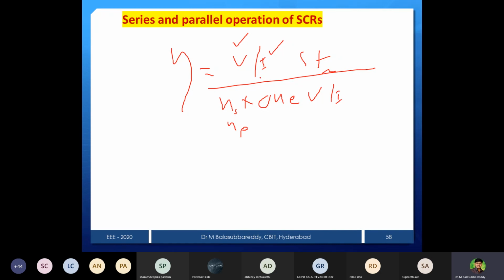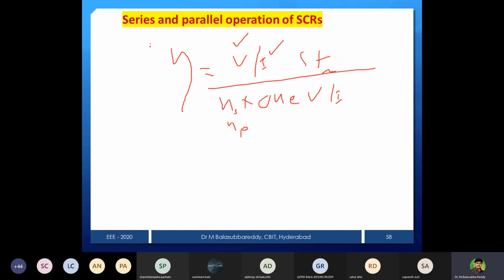So if you want to find the string efficiency when the SCRs are in parallel, you use this formula: actual current rating of the whole string divided by the number of SCRs in parallel times one SCR's current rating. If it is the series case, it is the voltage rating of the whole string divided by the number of SCRs in series times the voltage rating of one SCR.